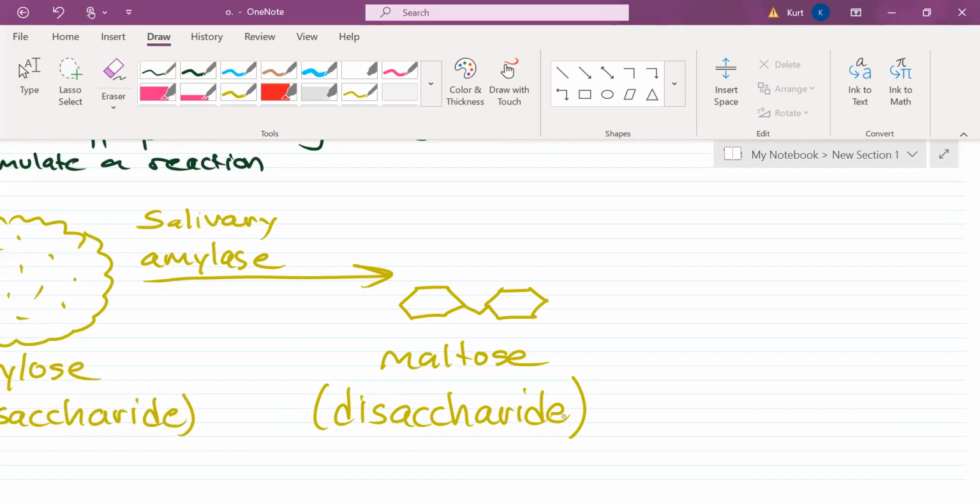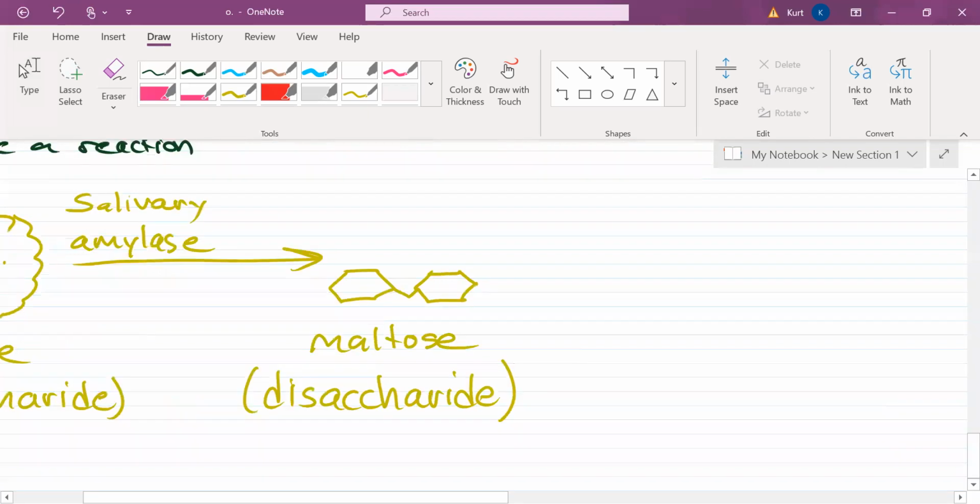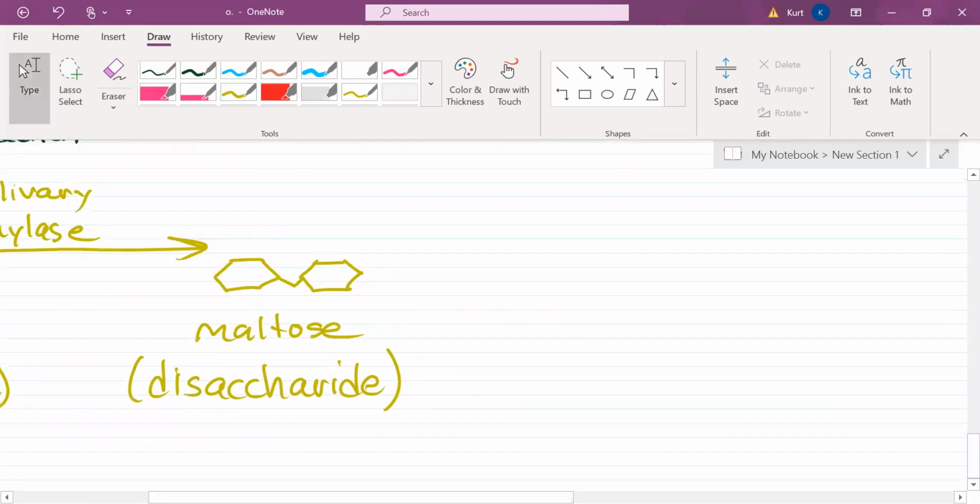You bet. So after you swallow this big goober of spit and amylose, or actually now it's maltose, that's going to go into your stomach. And it's going to pass through your stomach into your intestines. And in your intestines is another enzyme that is going to break it down from maltose to glucose.